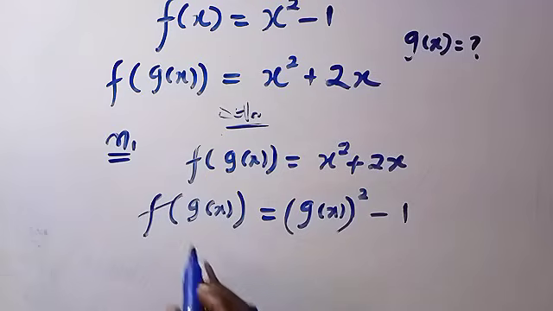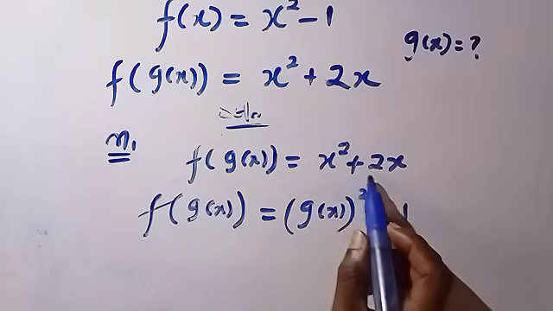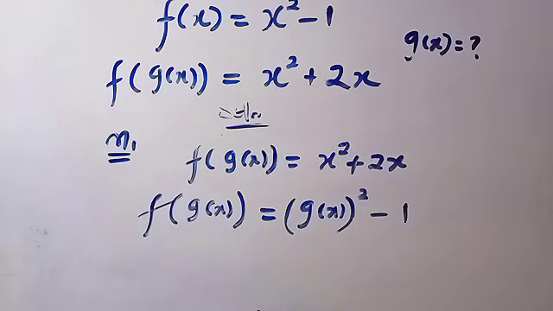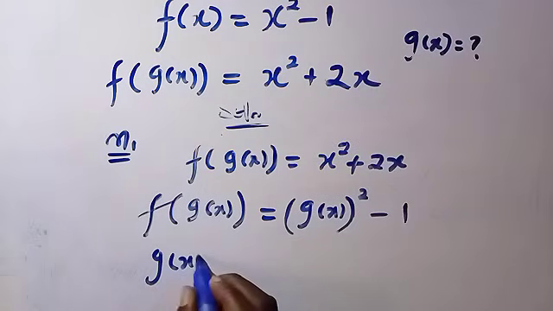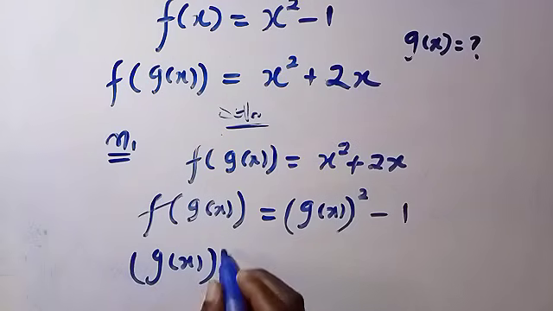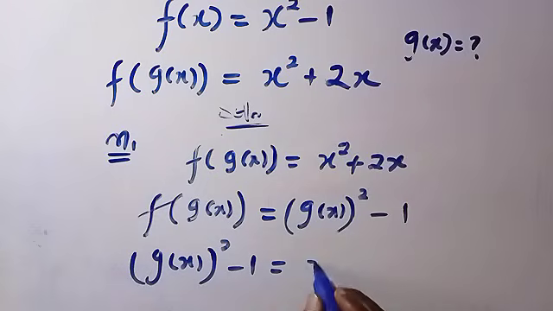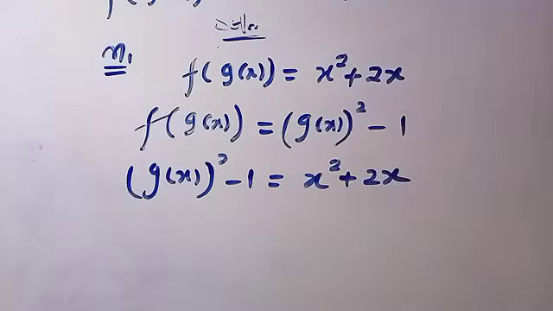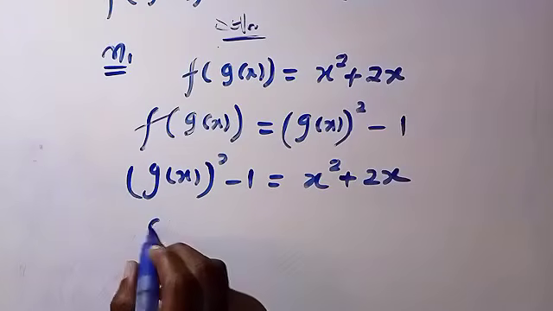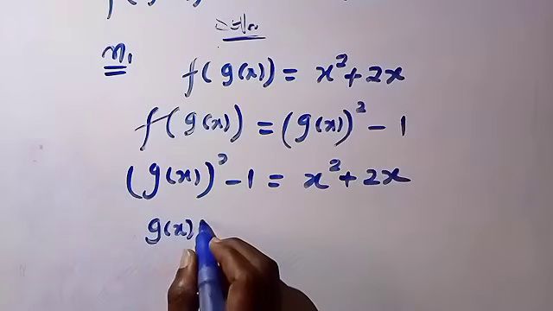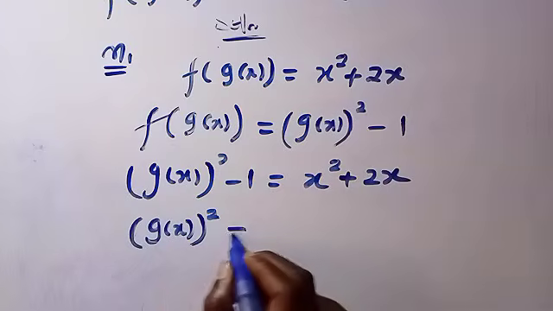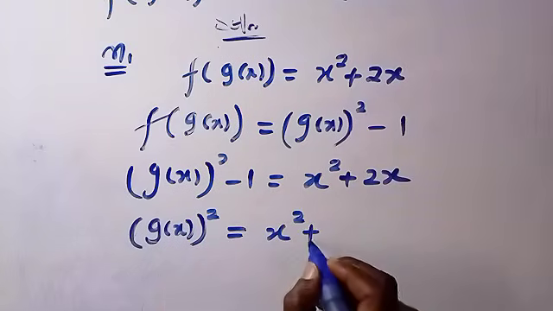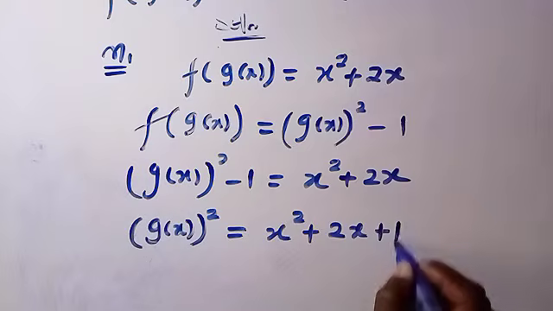And f of g of x is given as x squared plus 2x. Equating this together, we are going to have g of x all raised to power 2 minus 1 equals x squared plus 2x. And then let's take one to the other side. We have g of x raised to power 2 equals x squared plus 2x plus 1.